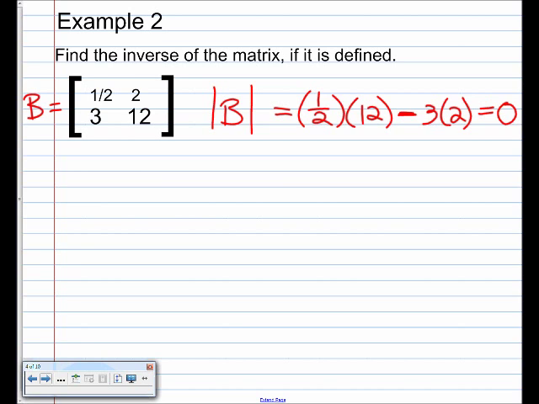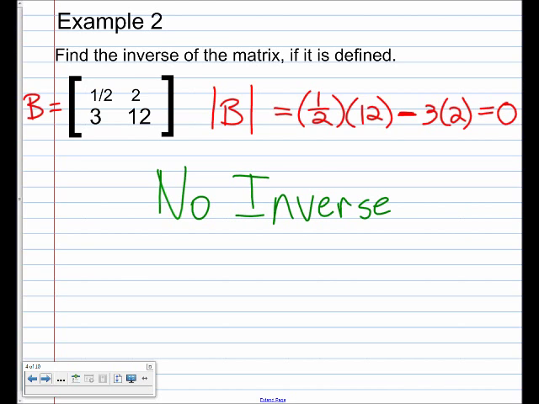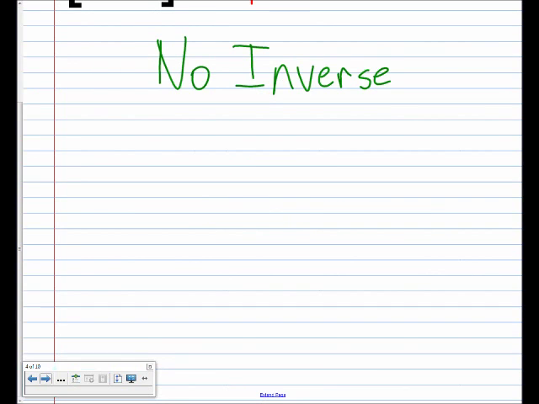You can't. So if this happens and you get 0, you're going to write 2 things. No inverse, because this is a singular matrix.